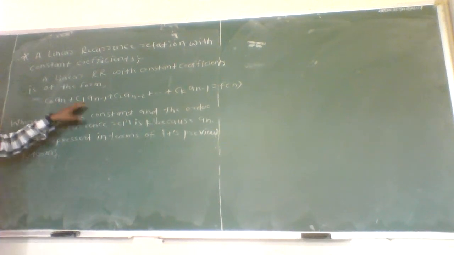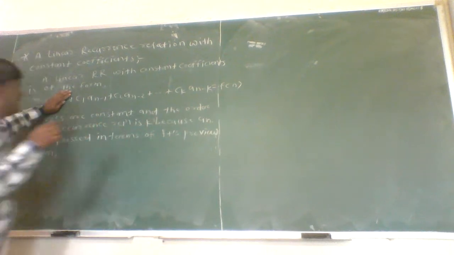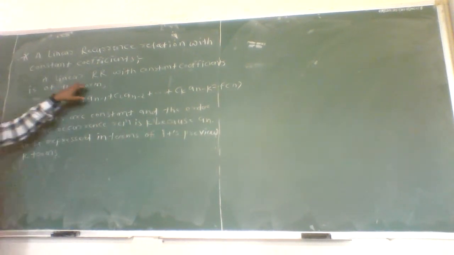What is the order of a given recurrence relation? The order of the given recurrence relation is nothing but k, since this a_n can be expressed as a linear combination of its previous k terms.